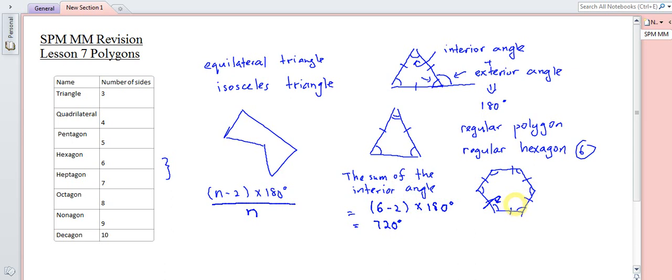So let's say I want to calculate the size of the interior angle for a hexagon, I just take 6 minus 2 times 180 divided by 6. And just now we calculated this is 720, right? 720 divided by 6, 120. So we know that this angle is 120 degrees. This is how we calculate the size of the interior angle for a polygon.